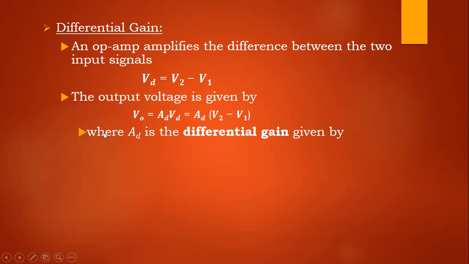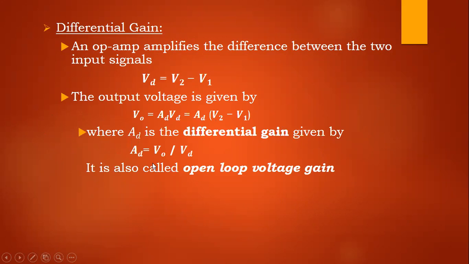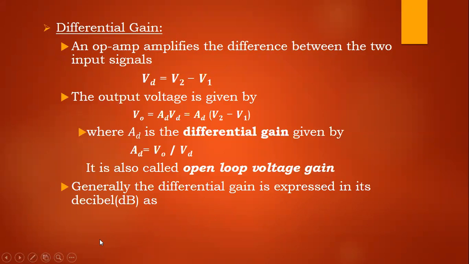Here AD is called the differential gain, and it is given by AD equal to V0 divided by Vd. This differential gain AD is also known as the open loop voltage gain. Generally this differential gain is expressed in dB, as 20 log10 AD.